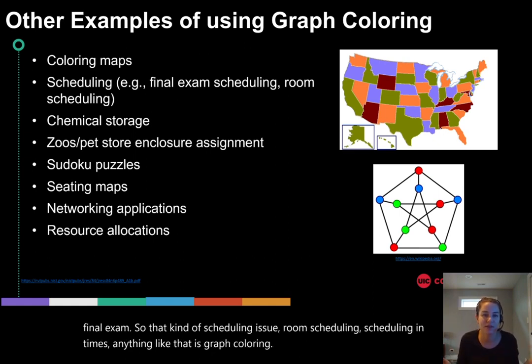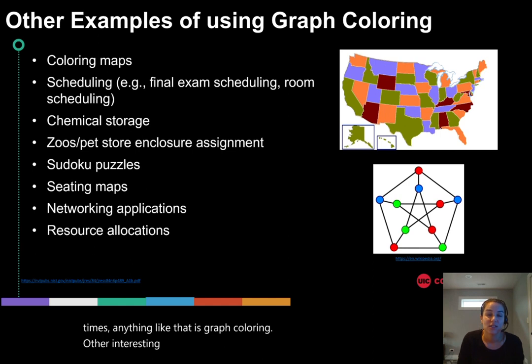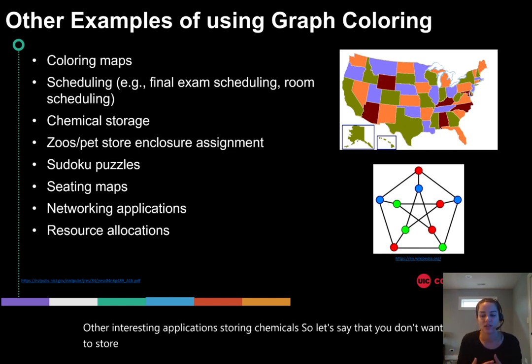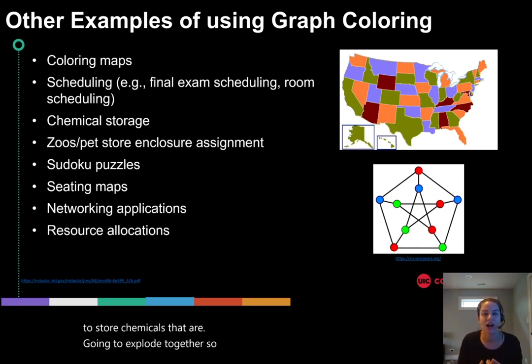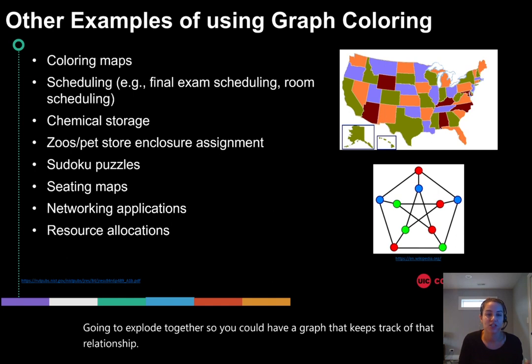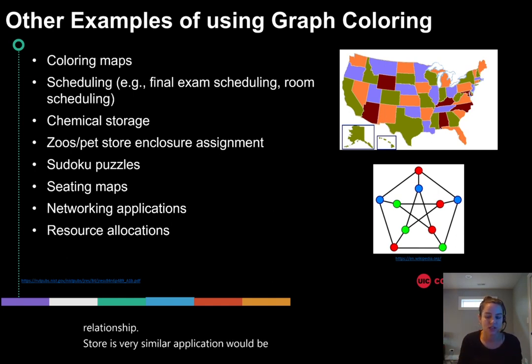Other interesting applications: storing chemicals. So let's say that you don't want to store chemicals that are going to explode together. So you could have a graph that keeps track of that relationship. A very similar application would be enclosures at zoos or pet stores.